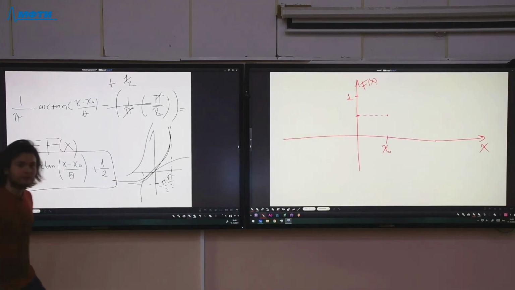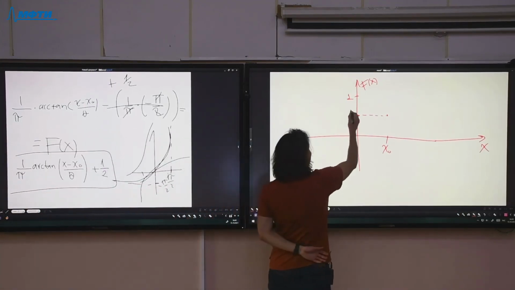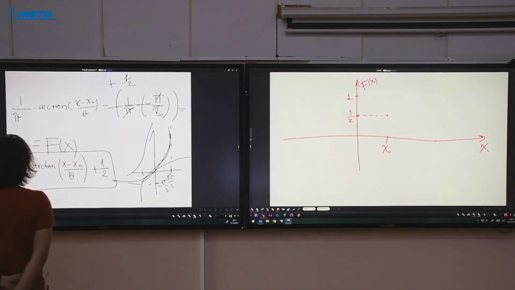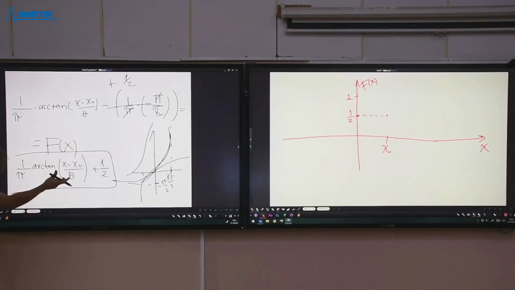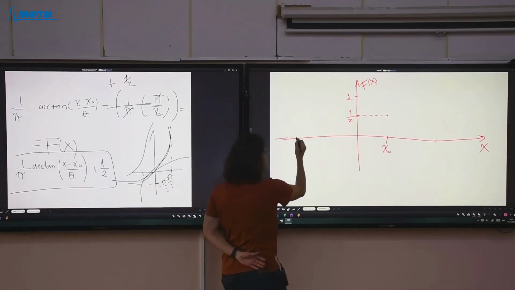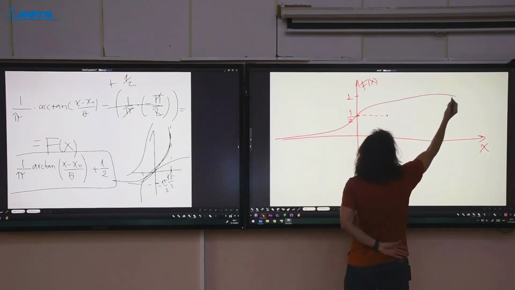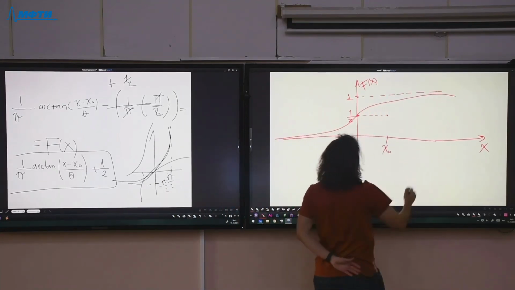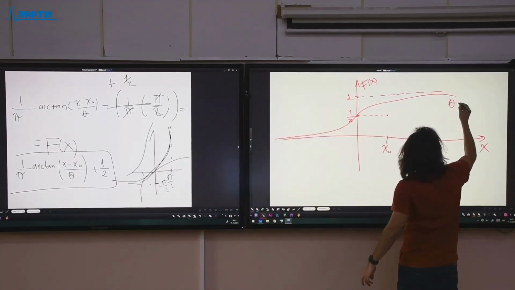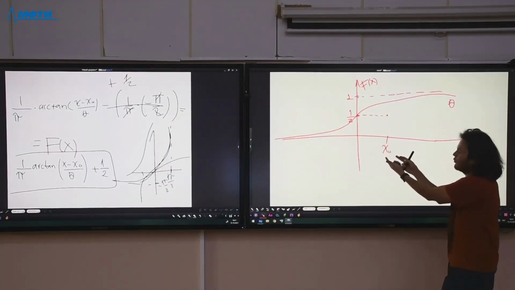One over two, right? Because it's the arctangent of 0, and the arctangent of 0 is 0. And so this function looks like this for some given theta and for this x0.